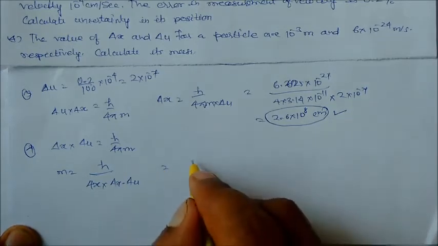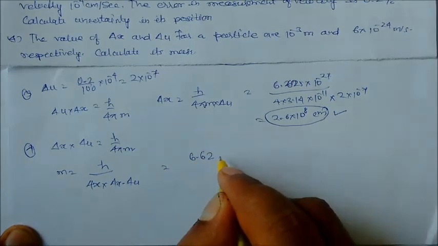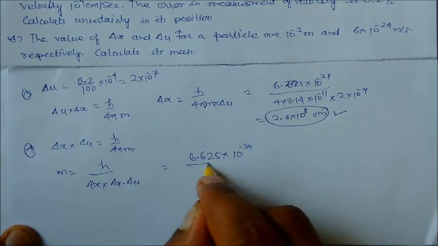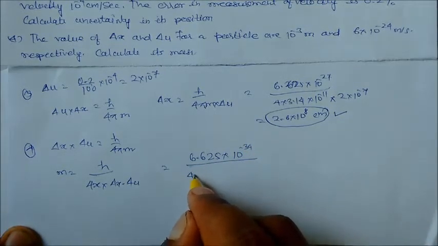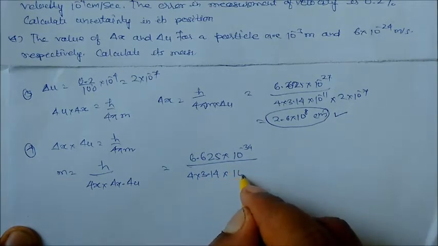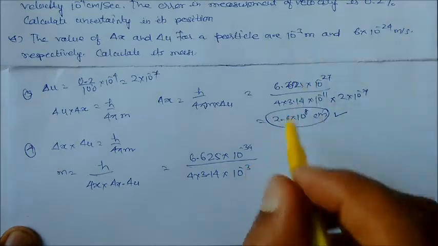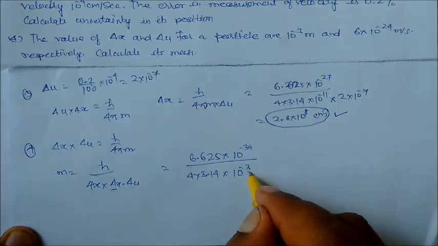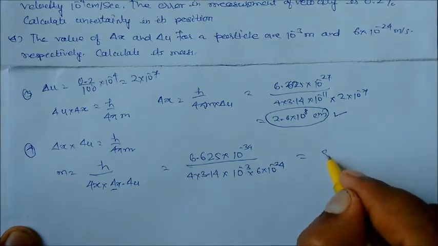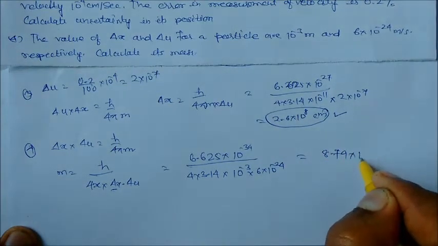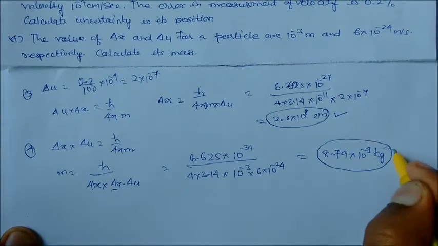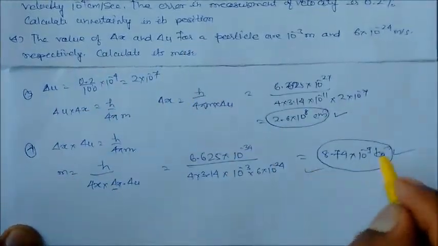Put in all the values: 6.625 multiplied by 10 to the power minus 34, divided by 4 into 3.14 multiplied by 10 to the power minus 3, which is the position given here, and delta u is given here, 6 into 10 power minus 24. You will get the answer 8.79 into 10 power minus 9. So this is the mass, and this is our answer to question number 4.